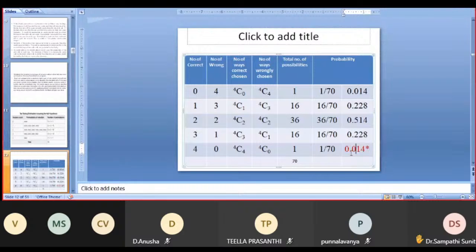This is also called p-value, the p-value for the experiment. So p-value is 0.01, not more than 1%. So it is less than 5%, so 5% error is allowable.